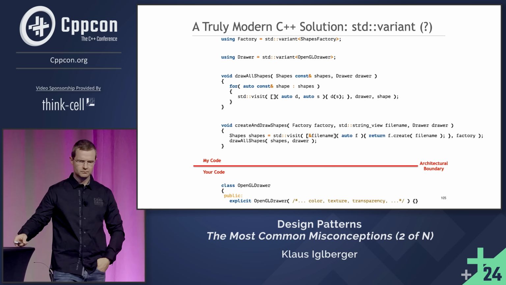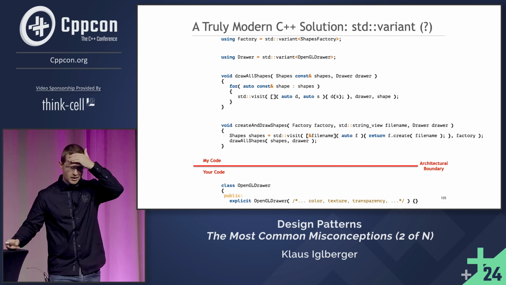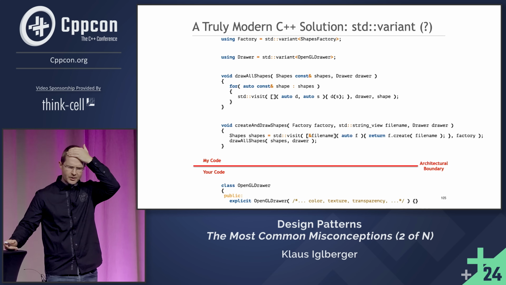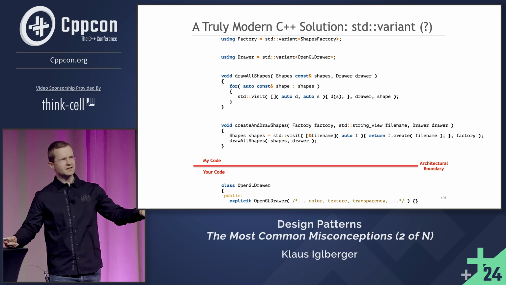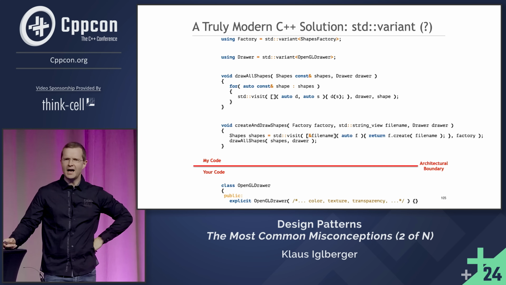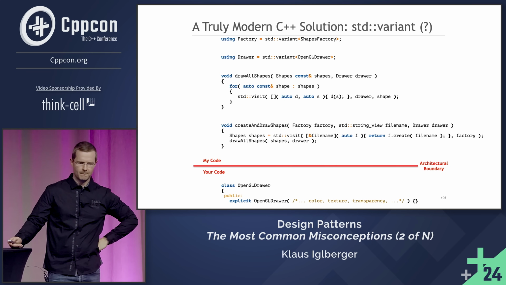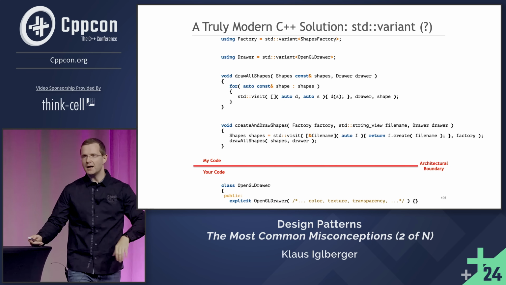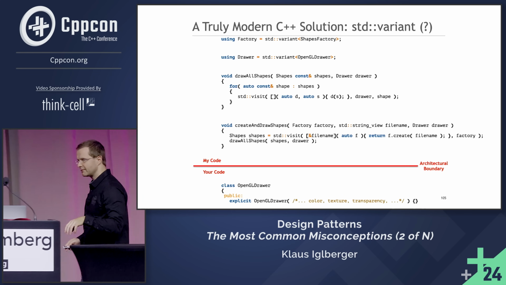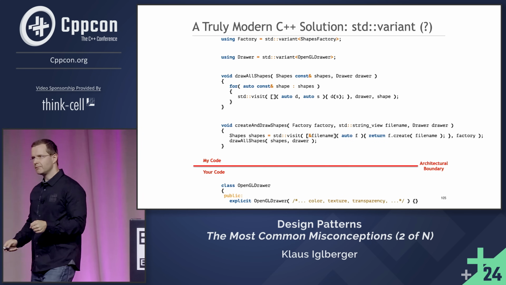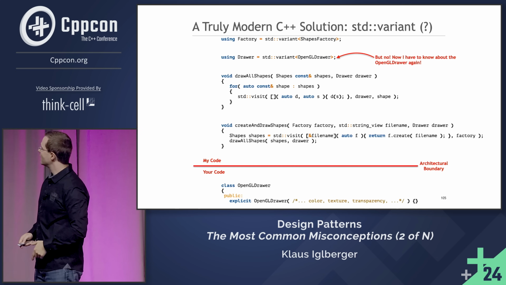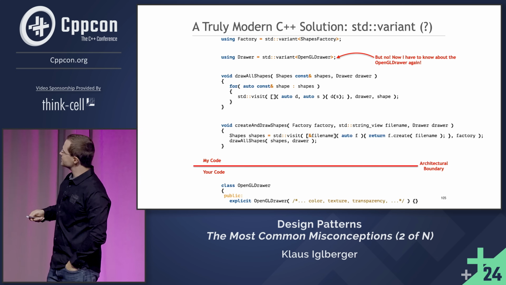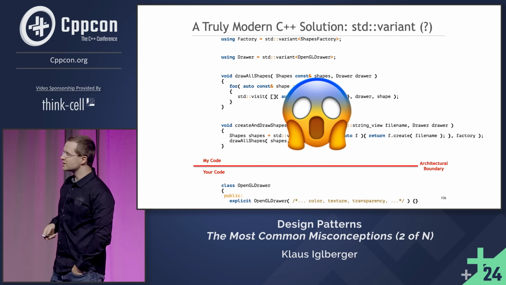Good. But oh no, wait. The OpenGL drawer is your code. That actually means that I now still have to know about your code. Okay. And so what I'm now trying to say here is, it just doesn't work. It doesn't work in the way we actually want to extend our library. This is not really what we want to have.